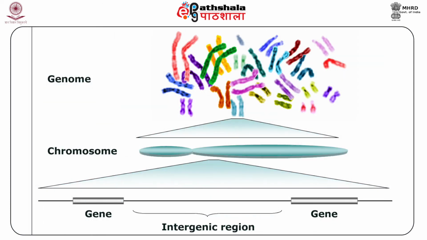The total complement of genes in an organism or cell is known as its genome, which may be stored on one or more chromosomes. The region of the chromosome at which a particular gene is located is called its locus. A chromosome consists of a single very long DNA helix on which thousands of genes are encoded.